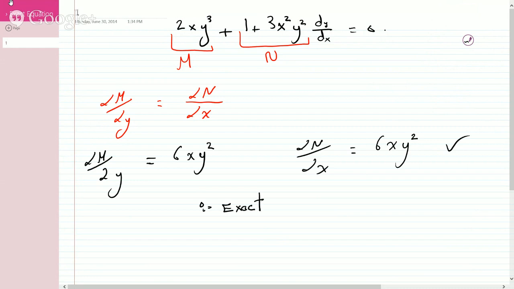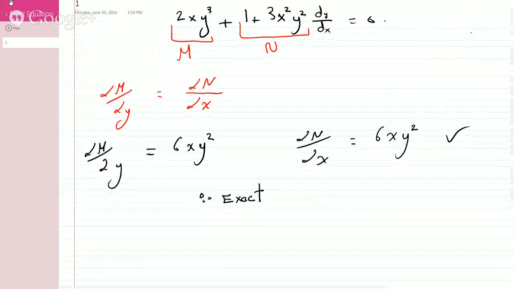So we have an exact differential equation, right? Now, what that means, if it's exact, is basically you can treat that as an x component and that as a y component.